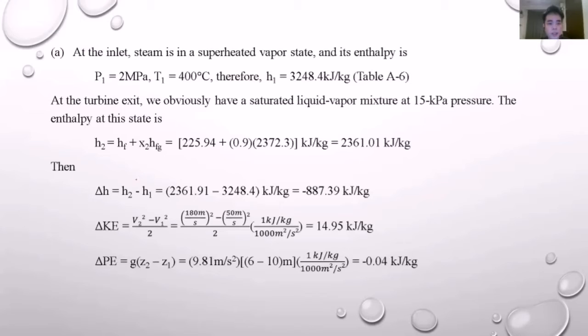Then we find the difference between H2 and H1. Delta H equals H2 minus H1 equals 2361.91 minus 3248.4 kilojoule per kilogram equals negative 887.39 kilojoule per kilogram.